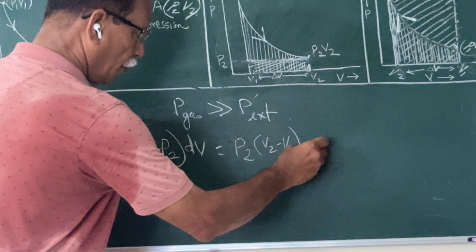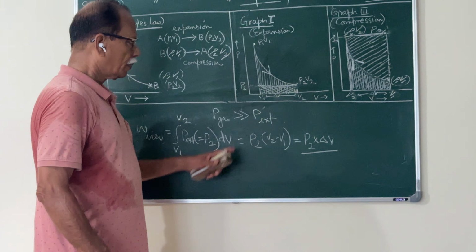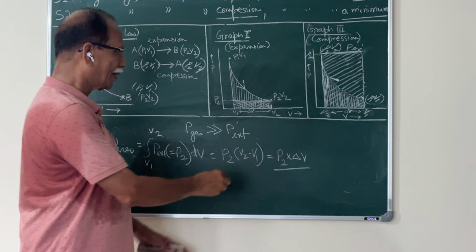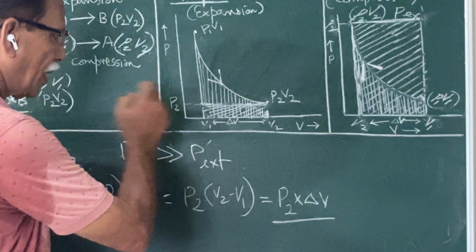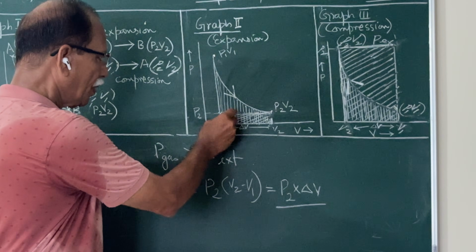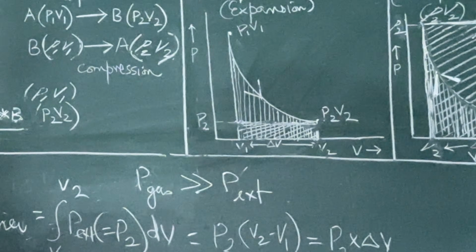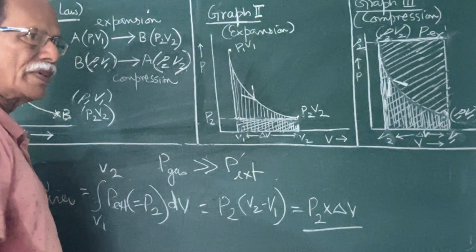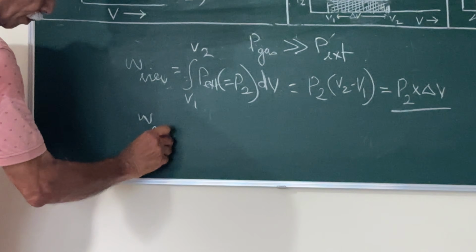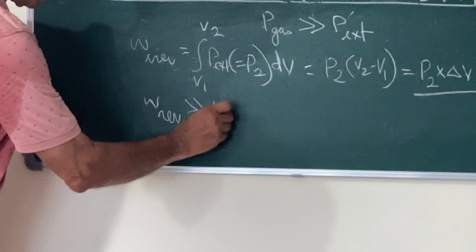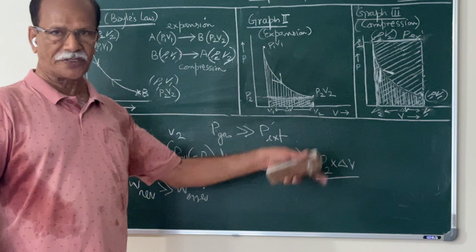So the value of work will be P2 into delta V, which is simply the area of the rectangle of height P2 and width delta V. It is marked by slanting lines. Now compare the two areas marked by vertical lines and the area marked by slanting lines. W reversible, that area, is much greater than W irreversible, or reversible work of expansion is a maximum.